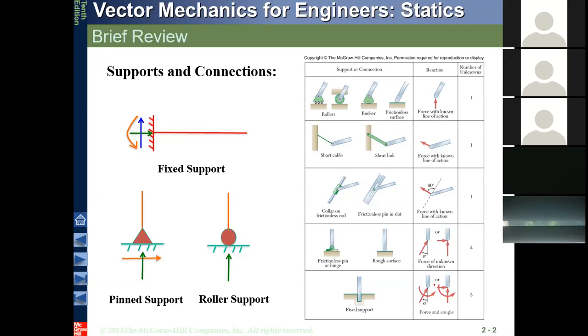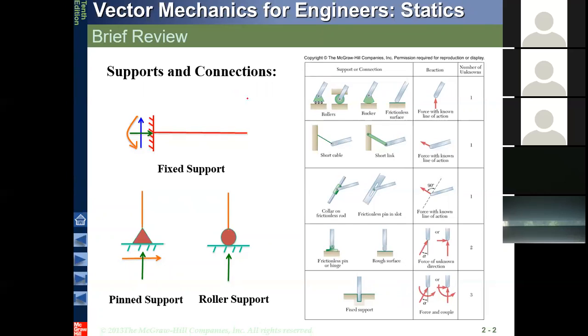And in 3D case, you're going to have three moments. So in 3D case, you're going to have 6 constraints in 3 directions and 3 couples.